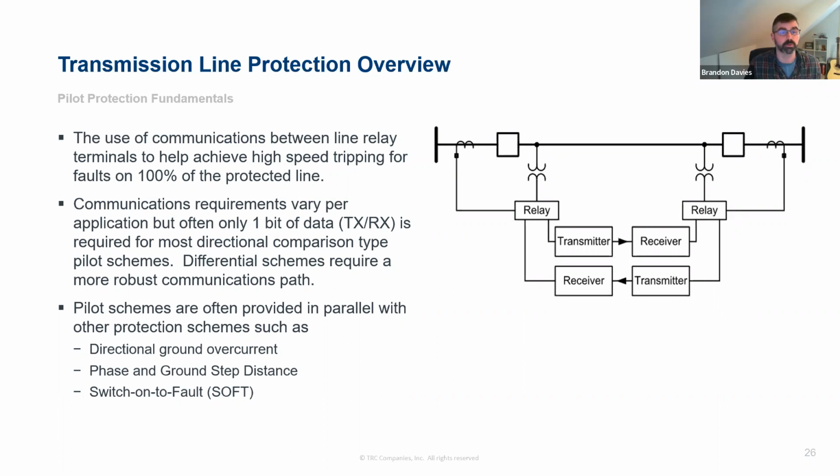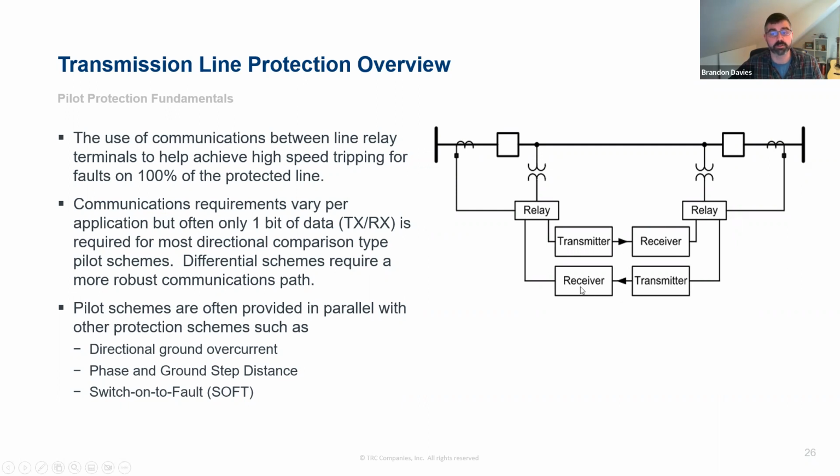This could be as simple as one piece of information, the relay saying the fault is in front of me, and the other relay receives it and says, hey, the fault's in front of me too. It must be on the line because it's forward in both relays. Or it could be something more complex like the line differential scheme.